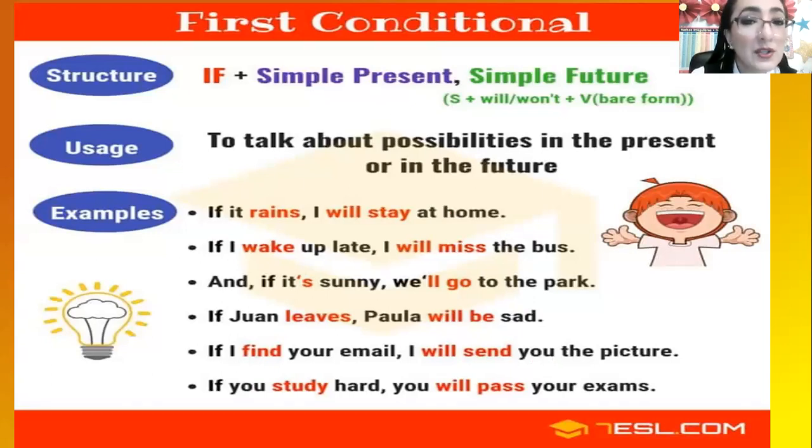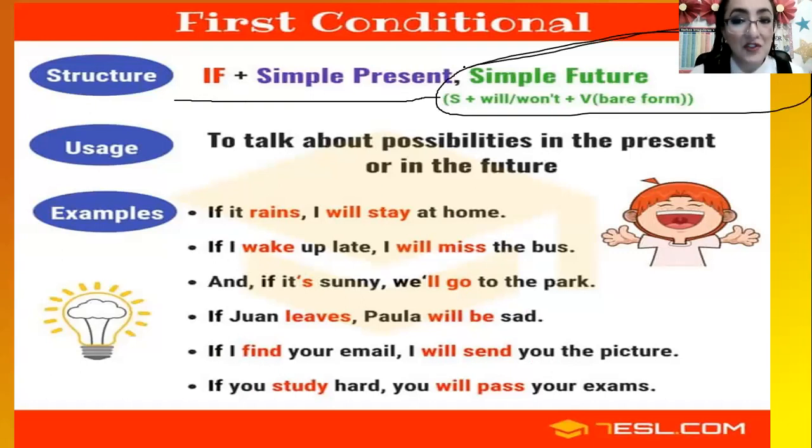Now, the situation in the first conditional is that you are going to be having your first clause, your if, your magical word, and your present simple. But now the result has to be in simple future, with some exceptions, with commands or with modal verbs. Okay, those are going to be some exceptions.